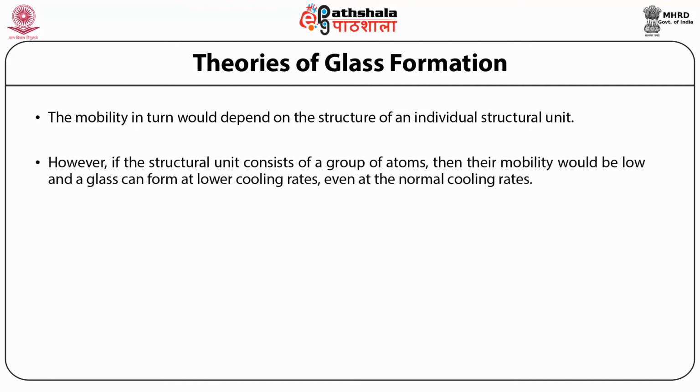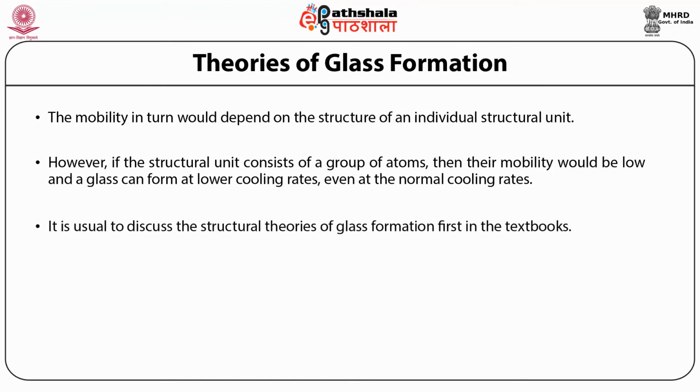However, if the structural unit consists of a group of atoms, then their mobility would be low and a glass can form at lower cooling rates, even at the normal cooling rates. It is usual to discuss the structural theories of glass formation, but in this module, we will be discussing the kinetic theory first and then moving further.